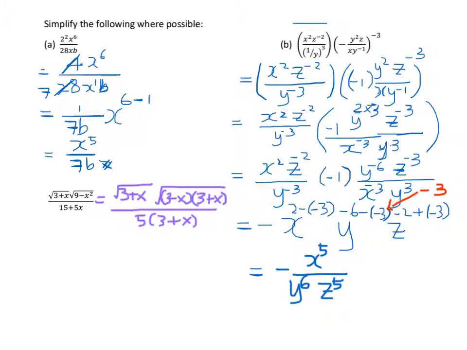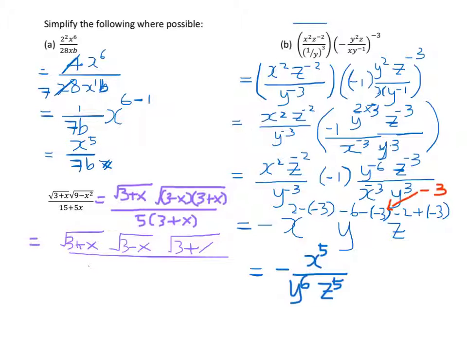If you factorize the denominator, once you take out 5, you see, oh, now they have 3 plus x. Interesting situation here. And as for the 9 minus x squared, it's actually 3 minus x times 3 plus x. If we now rearrange this, let's look at the numerator, and you have square root of 3 plus x, and the law of square roots says we can actually write square root of 3 minus x times square root of 3 plus x.